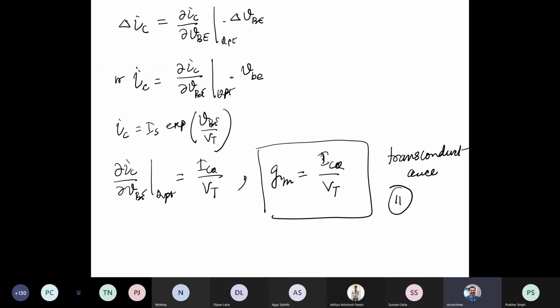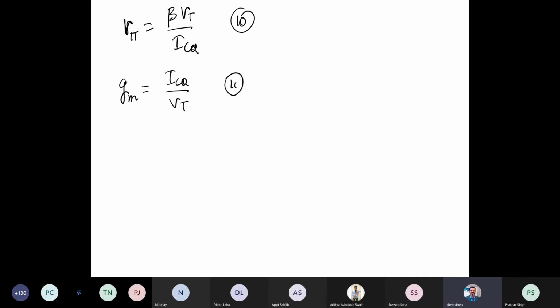Right, so we got R pi as beta VT over ICQ, and the transconductance gm as ICQ over VT. This was equation number 10 and this was equation number 11.